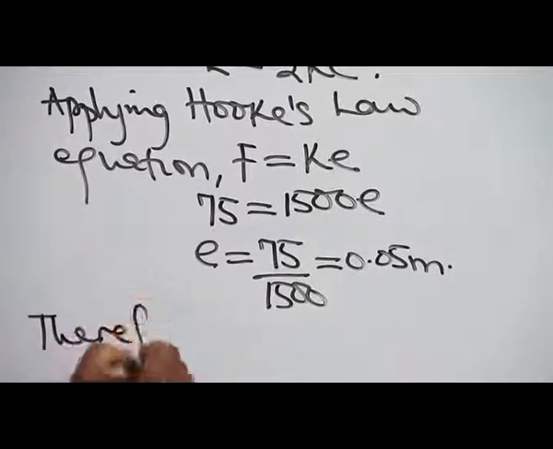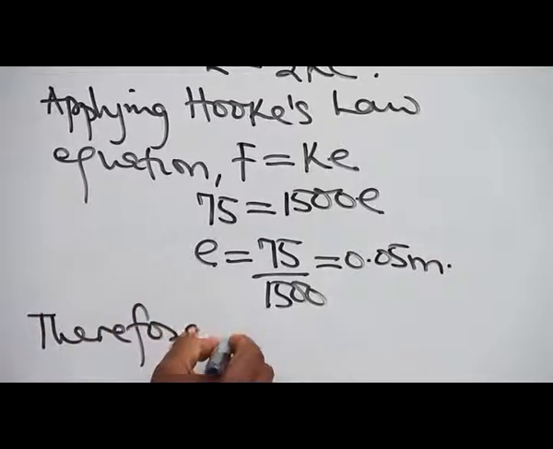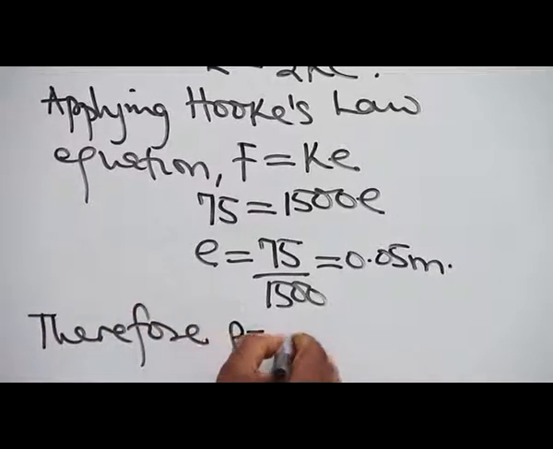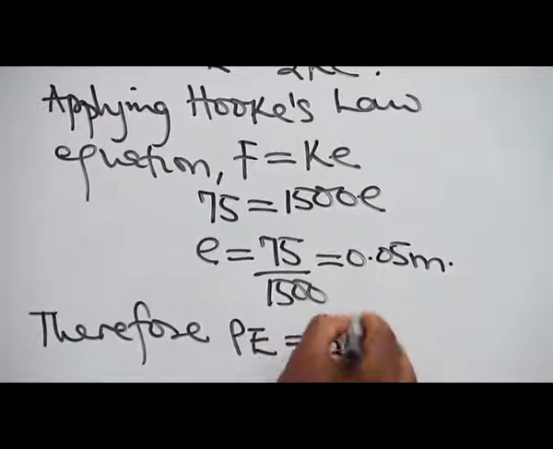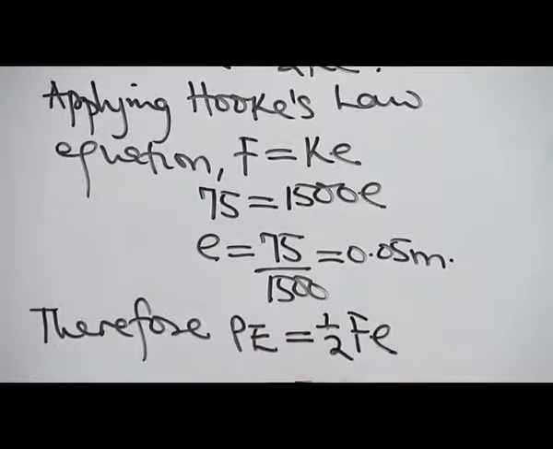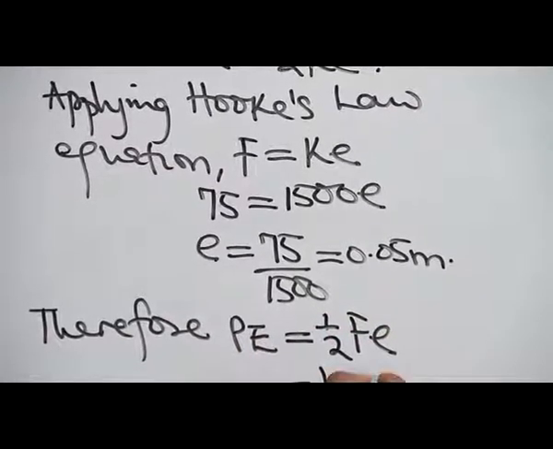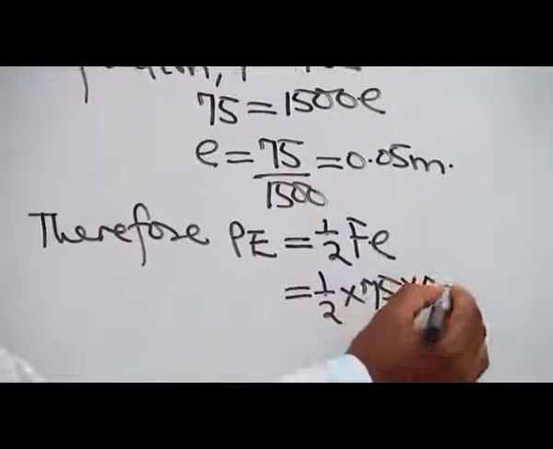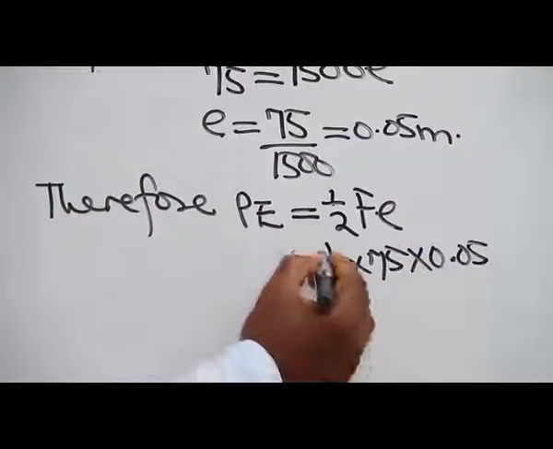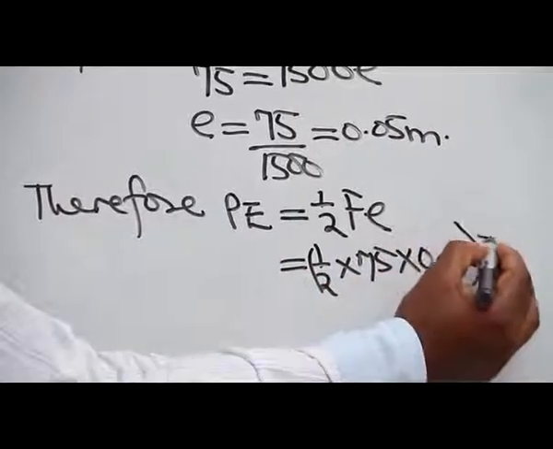Therefore, PE will give me half Fe. That will give me half times the force 75 times 0.05 in joules.